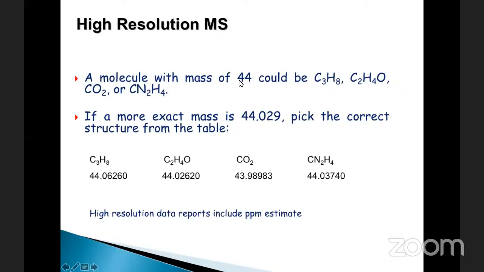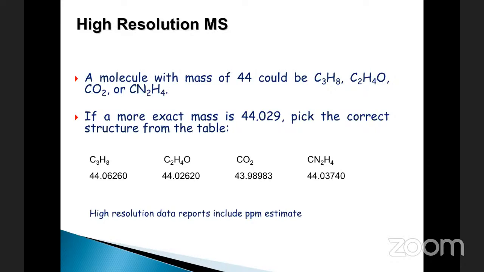You will end up with 44. So when you get a molecular weight of 44, it can be any one of these 4, but you have only one compound. Now, when you go for the exact mass or accurate mass, you get the information, let's say 44.029.